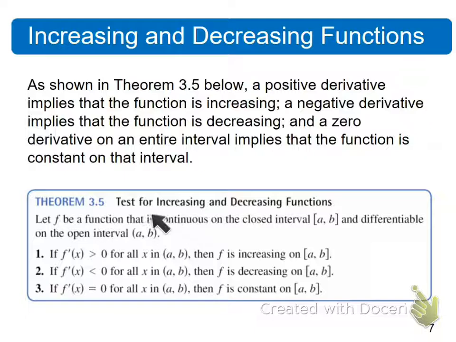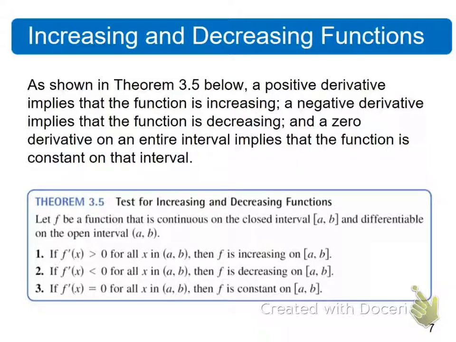Okay. So, testing for increasing and decreasing functions. All right? Let f be a function that's continuous on the closed interval and differentiable on the open interval. And you can determine this. If the derivative is greater than 0, which means what? The derivative is positive. The original function is increasing. I do think this is necessary for you to write down. This is how you test for increasing and decreasing functions.